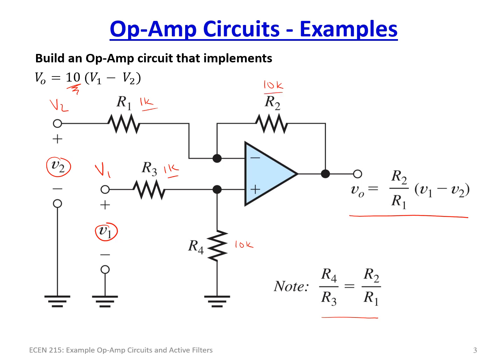We have 10K over 1K, which is equal to 10, and then we end up with 10 times V1 minus V2 as the output.